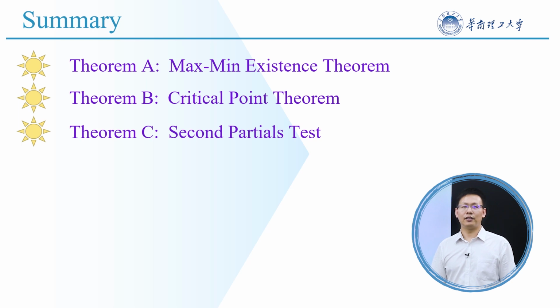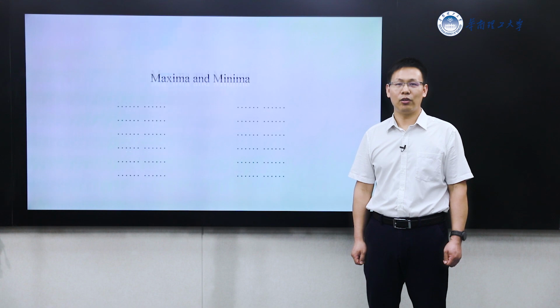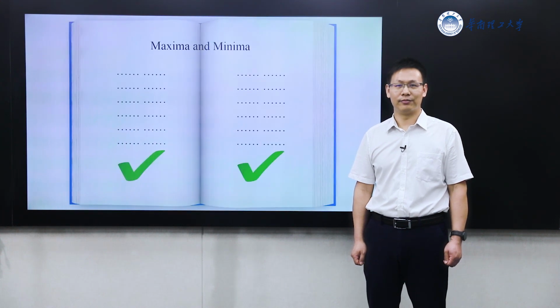We learned the definitions of global and local maximum and minimum, and then discussed the max-min existence theorem, the critical point theorem, and the second partials test. That's all today. Thank you.